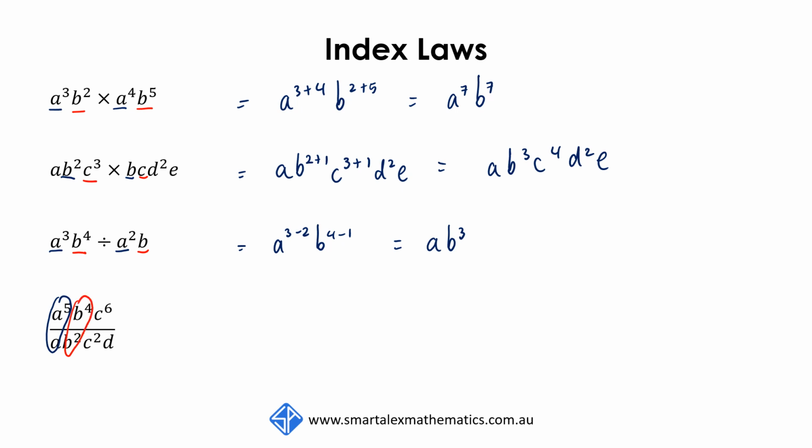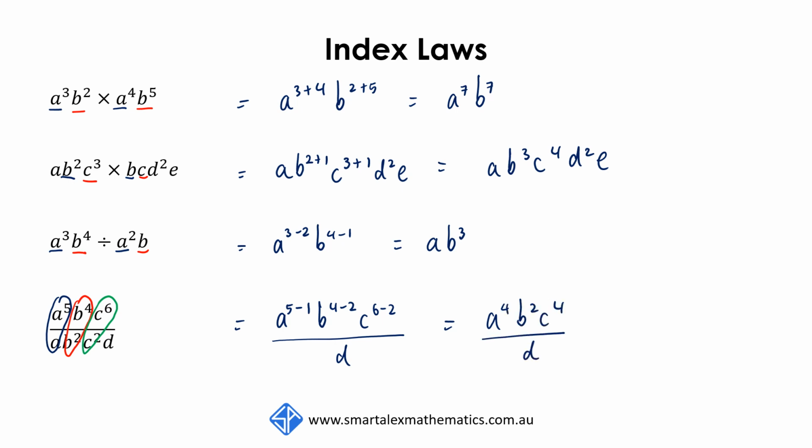We also have c to the 6 divided by c squared. And so we're going to get a to the 5 minus 1, b to the 4 minus 2, c to the 6 minus 2, and all of this over d. And this would simplify to a to the 4, b squared, c to the 4, all over d.